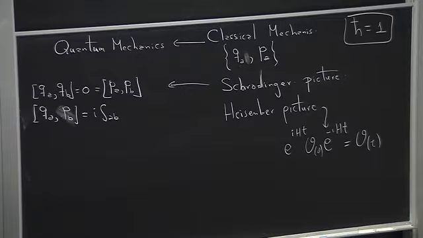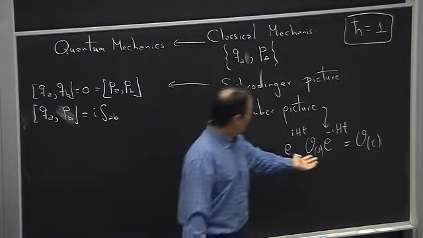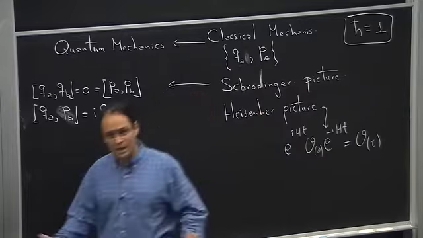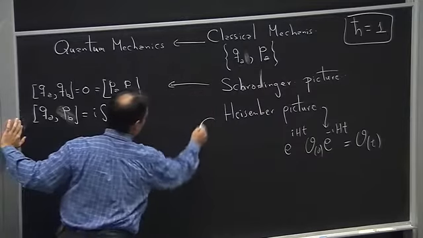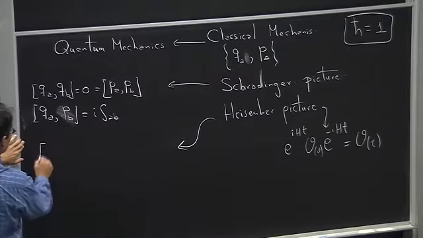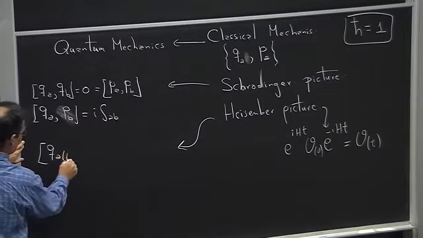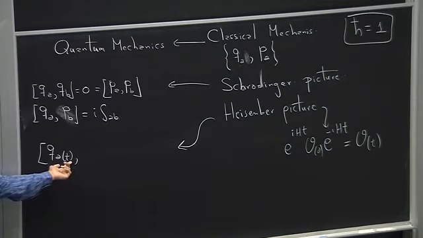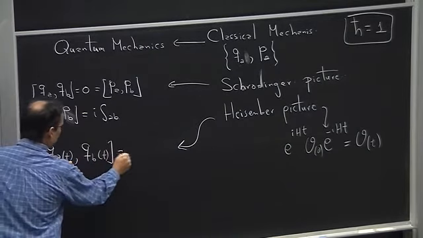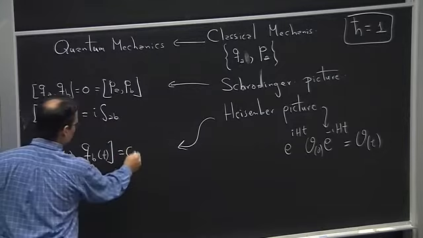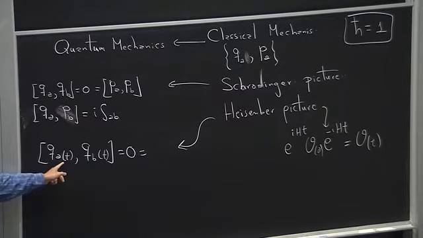If I take each of these operators and evolve them in time, I can promote them into commutation relations in the Heisenberg picture as long as I think about this operator and the next one evaluated at the same value of time.